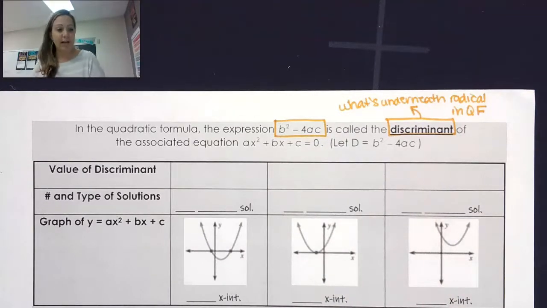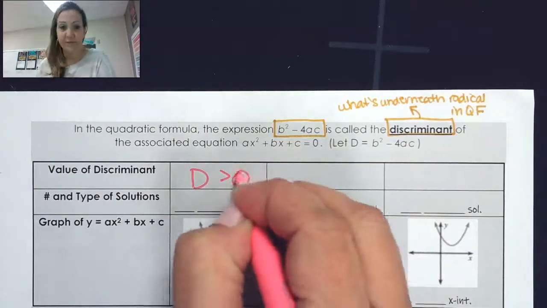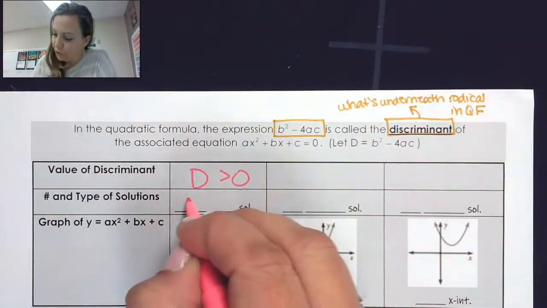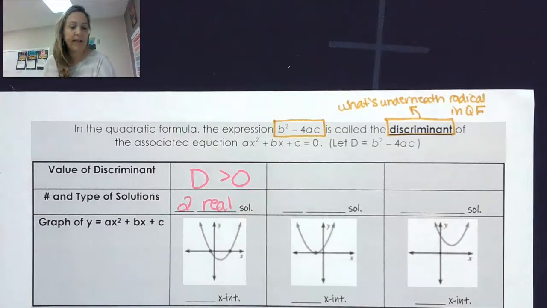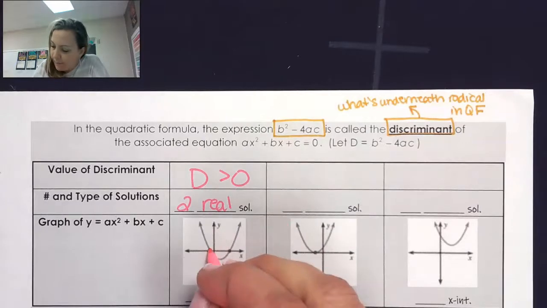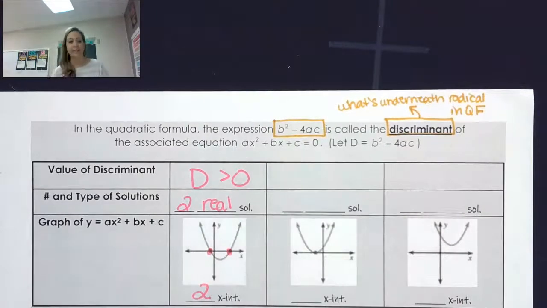Well, it turns out that if your discriminant is positive, then that means that you're going to have two real solutions. And what happens is that if we're graphing, like if we replace the 0 that we had with y, we end up with two x-intercepts on our graph.